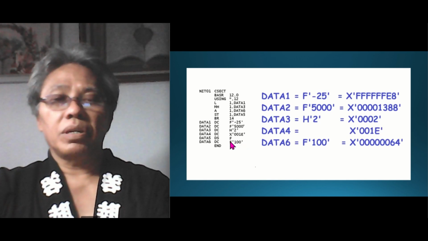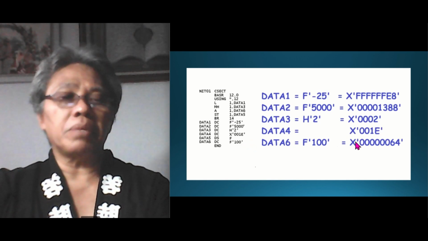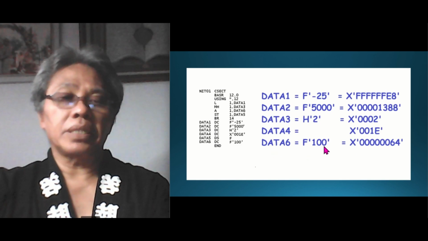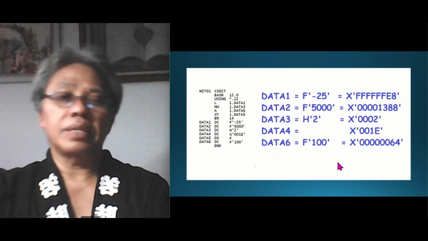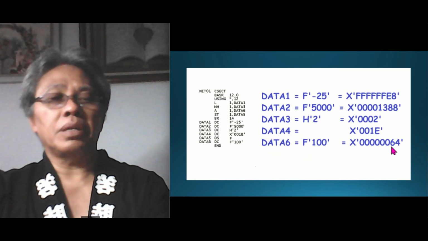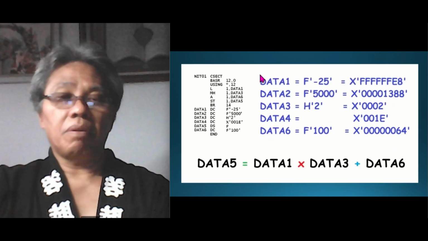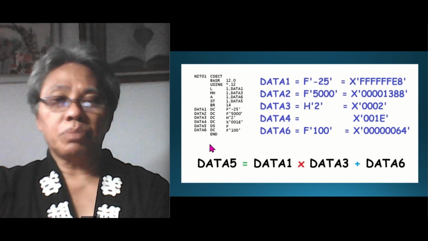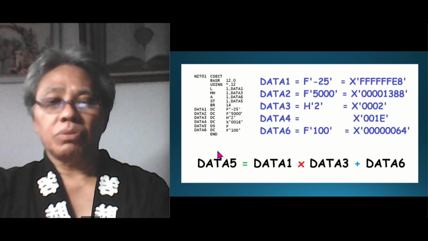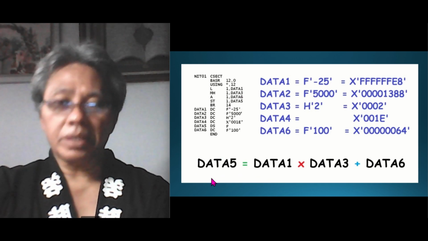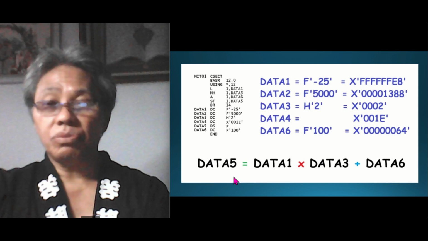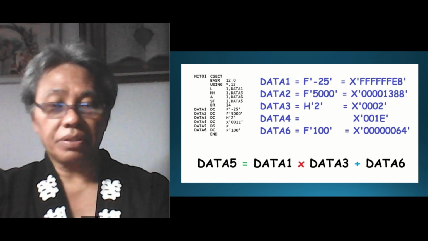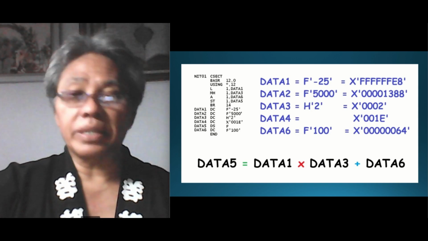Data 4 is hexadecimal 2 bytes. Data 6 is 100, in hexadecimal is 64. From this input, this program should calculate data 6 equals data 1 times data 3 plus data 6.